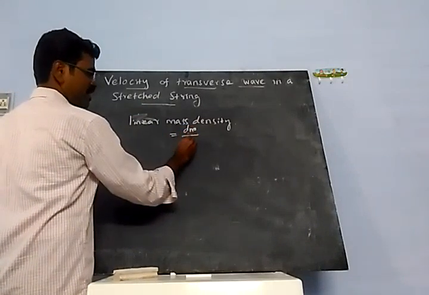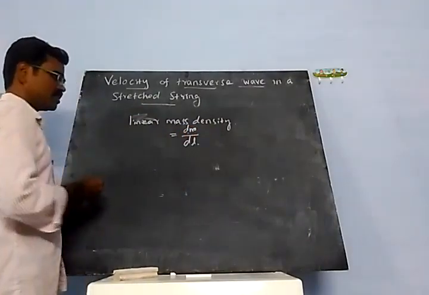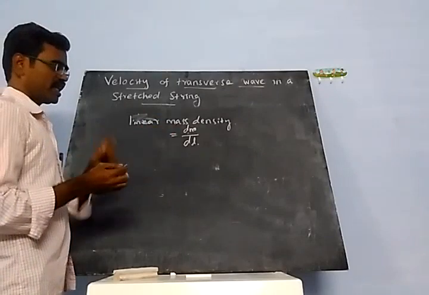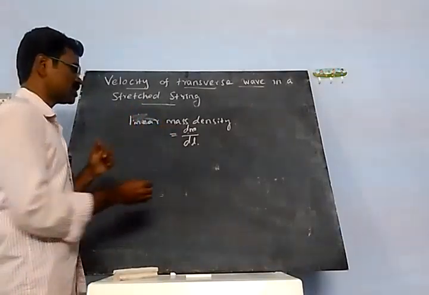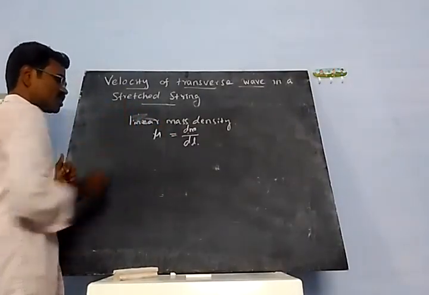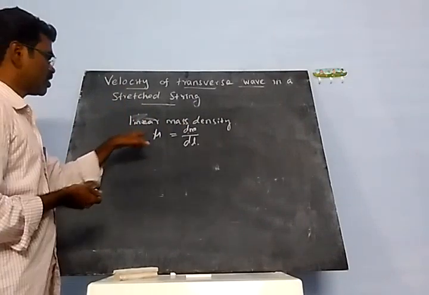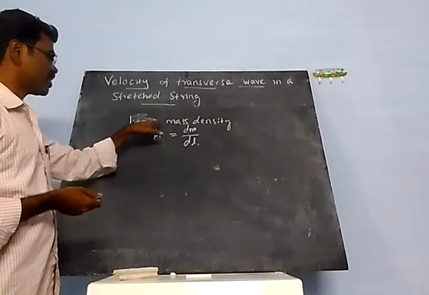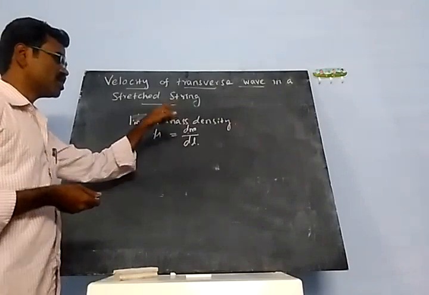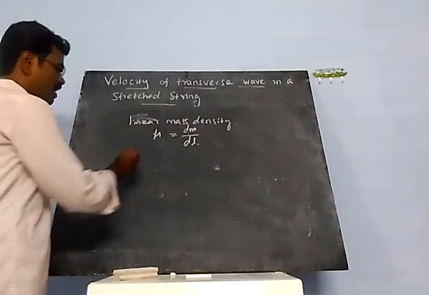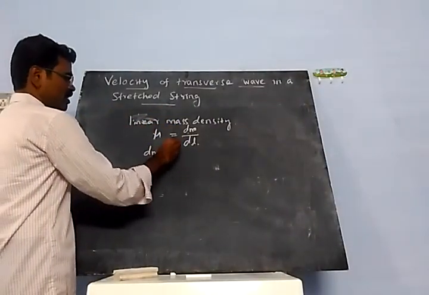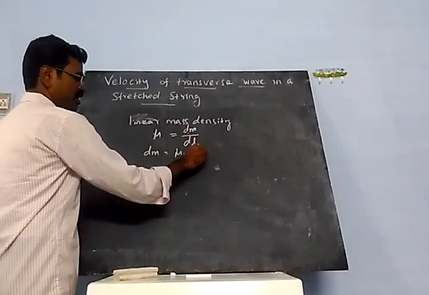That mass is dm and the length is dl. Mu is the symbol for linear mass density, which is equal to dm by dl. Then dm is equal to mu into dl.